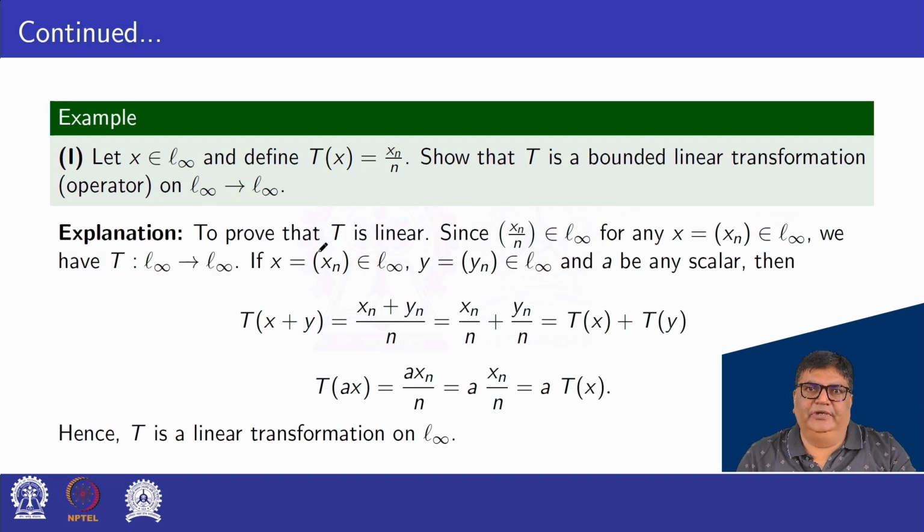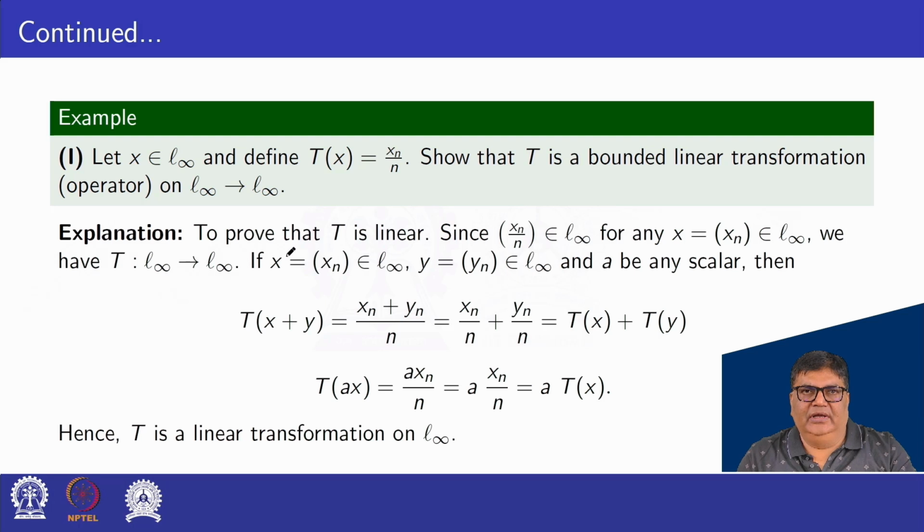First we prove T is linear. Since xn upon n belongs to L infinity for any sequence xn belonging to L infinity, we have the transformation T from L infinity to L infinity.